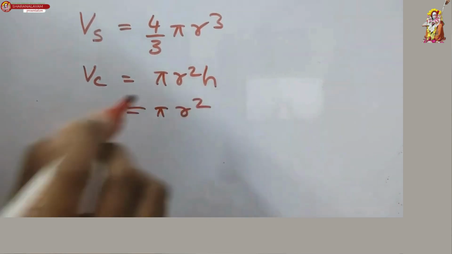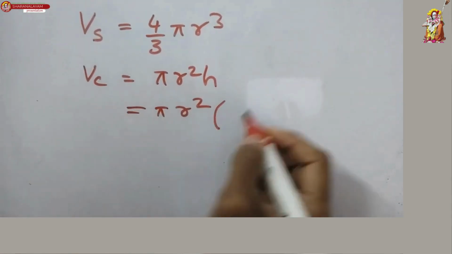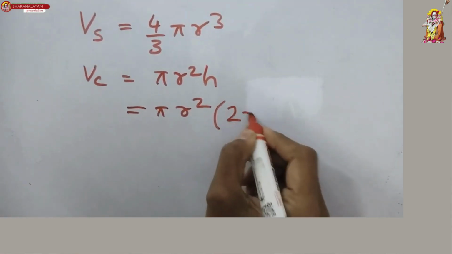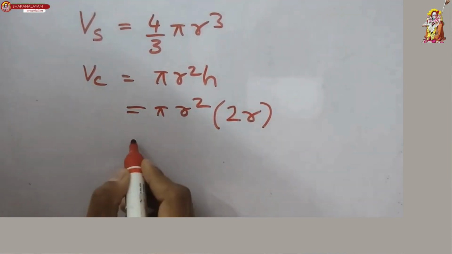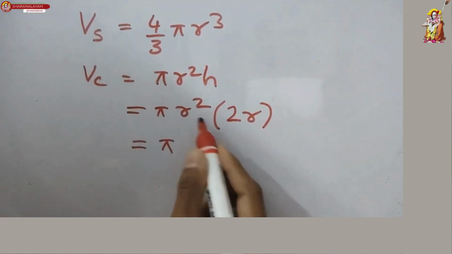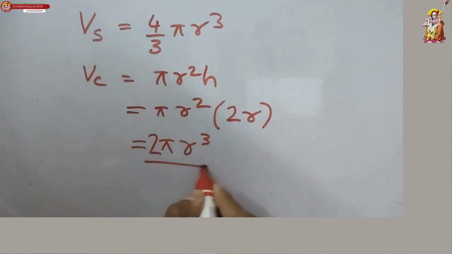So r square remains r square. What about the height? The height of the cylinder is equal to the diameter of the sphere. So the height will be, since it's equal to the diameter, it will be 2r, right? Twice the radius. So in that case, this equals pi will remain pi, r square into r is r cube, 2 will come here. So 2 pi r cube.